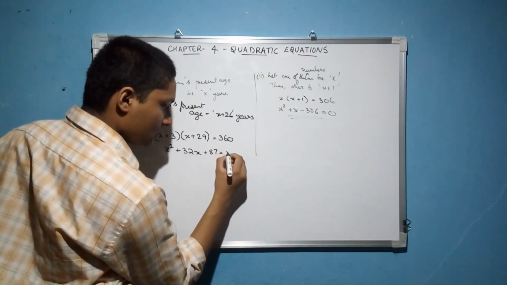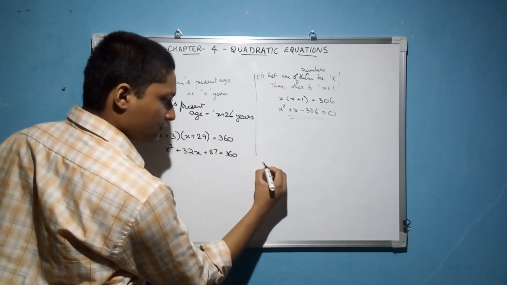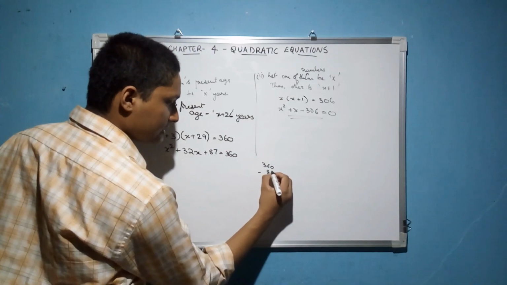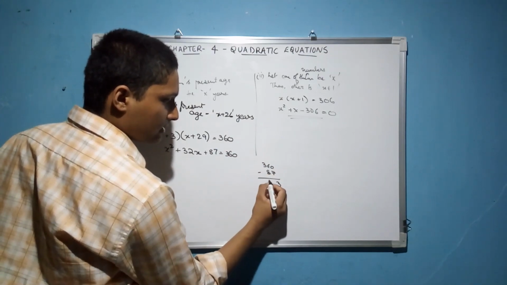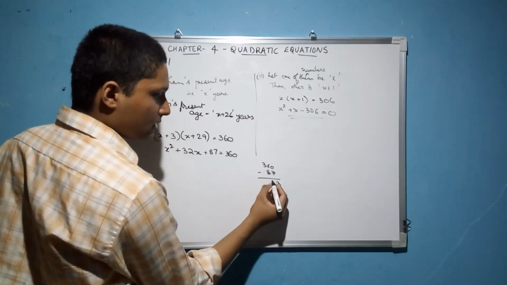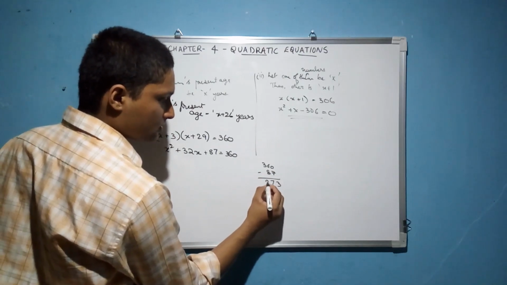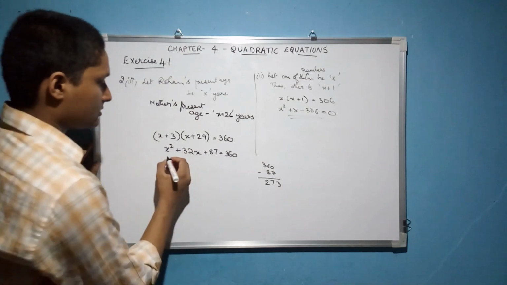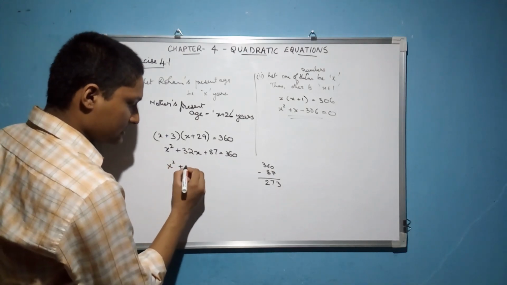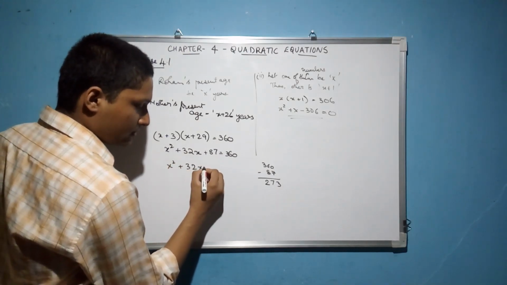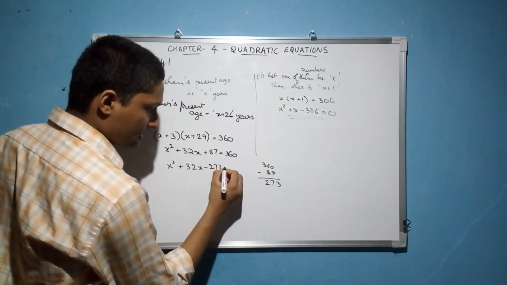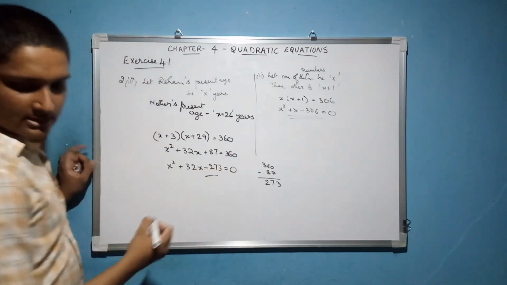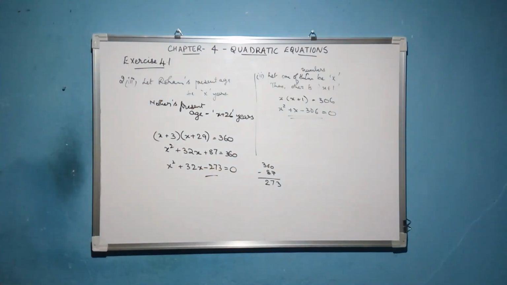Plus 87 is equal to 360. So from 360 I need to cancel off 87, and that comes to 273. So this becomes x square plus 32x minus 273 is equal to 0. That is what you are going to get.